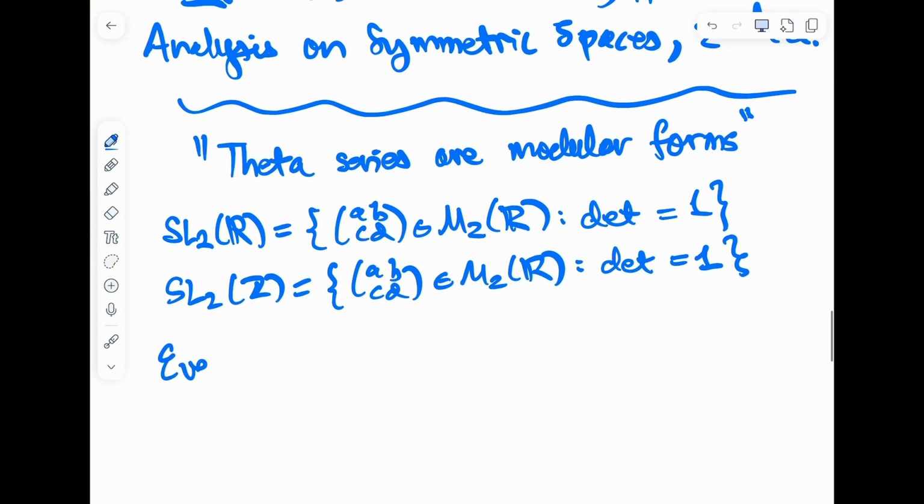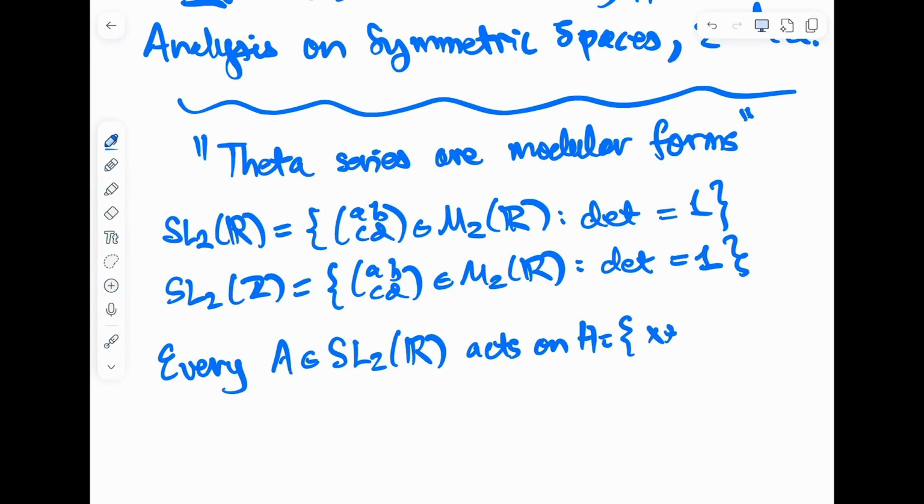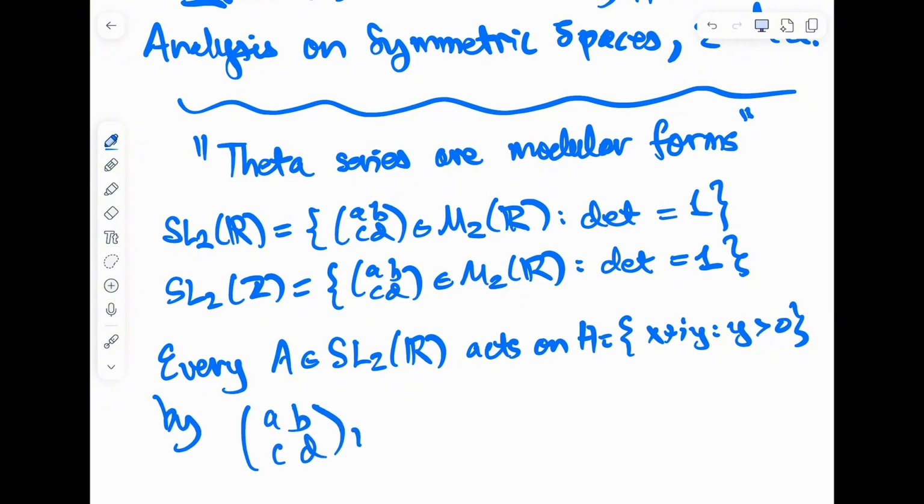So every matrix in SL2R acts on the upper half plane, the complex numbers with positive imaginary part, by linear fractional transformations. If you've taken a course in complex analysis, you've maybe seen these as Mobius transformations. You can even allow A, B, C, and D to be complex numbers.